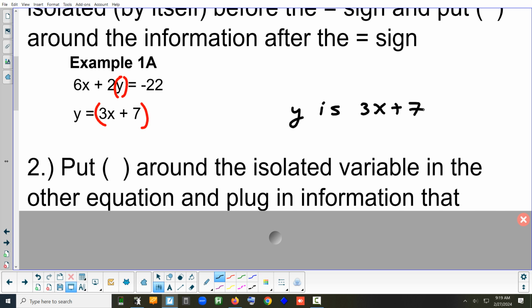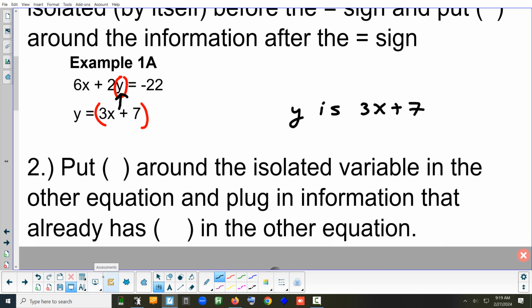Do you have a y in the top equation? Yes. We know what it is. Y is 3x plus 7. So what you're going to do with that 3x plus 7 is you're going to take it and fill it in for y, because we know y is 3x plus 7.